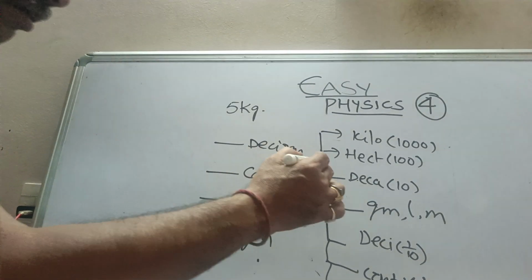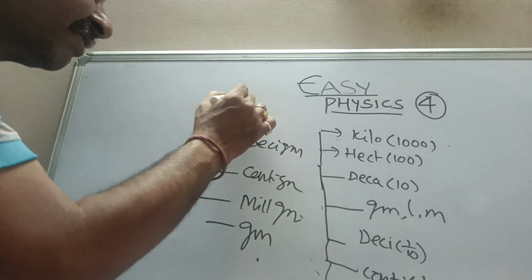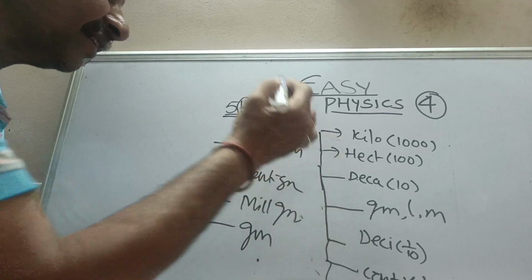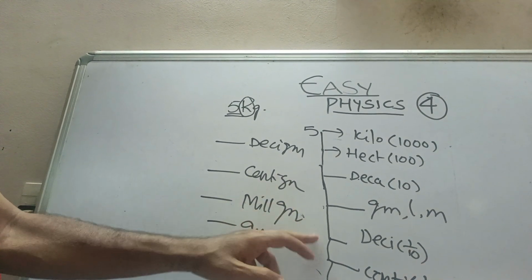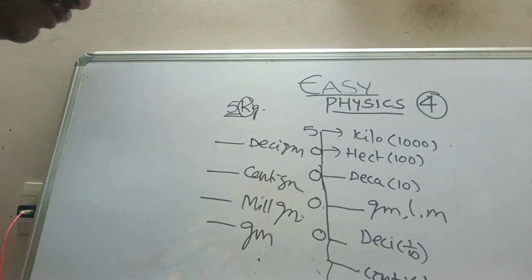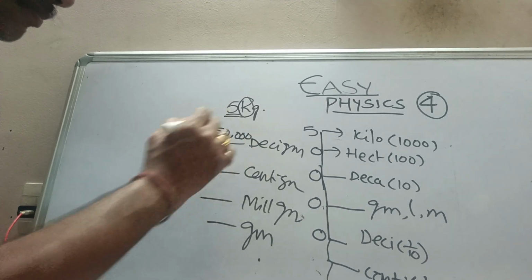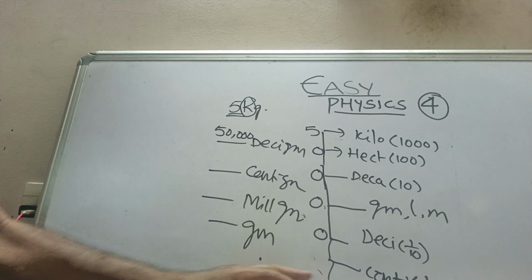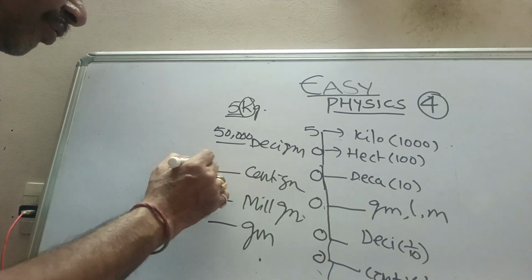First of all, what is the value given? 5 kilograms. So it is given in kilo. Keep 5 here. Now if you want up to deci, keep 1, 2, 3, 4 zeros. It means 50,000. If you want centi, another 0, 5 lakh.